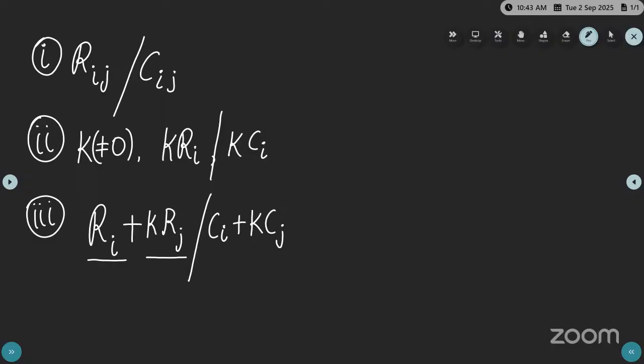By the row or column transformations, the rank of the matrix remains same. Next.